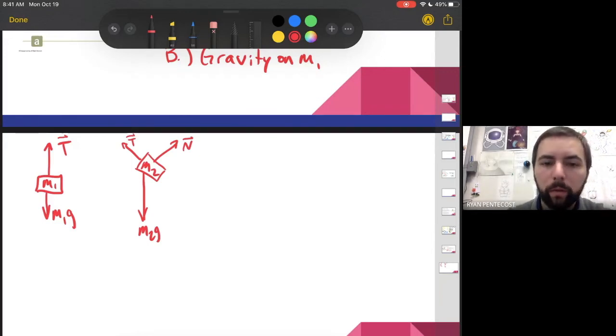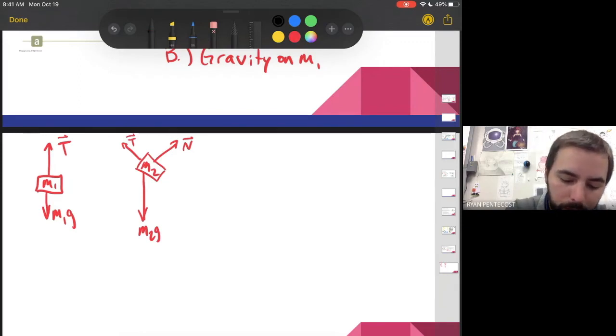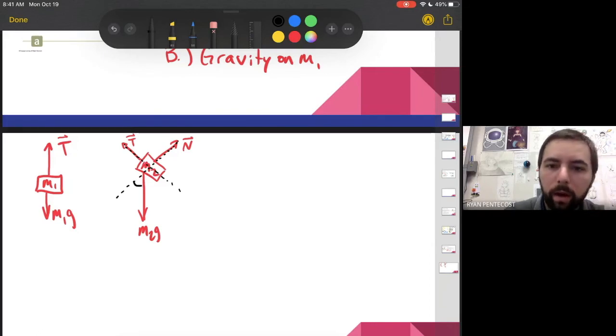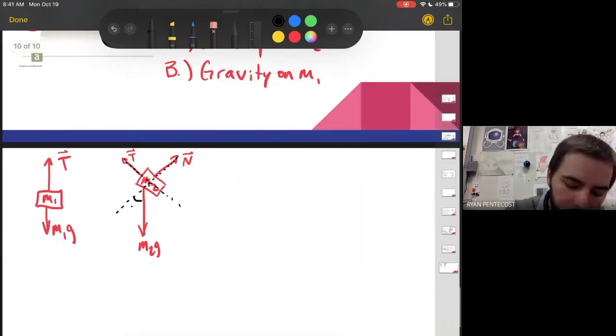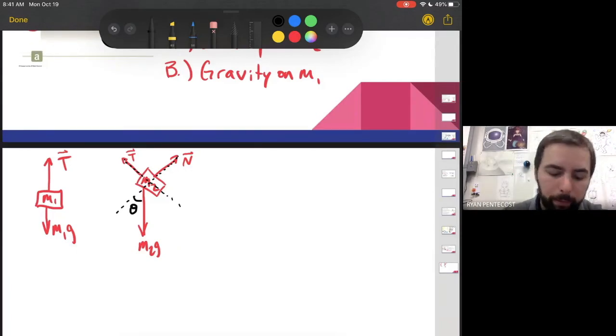Now, when we're working with an incline, it is best to use a coordinate system that lines up with that incline. So the theta that is on the incline in the picture, that theta will be right there.